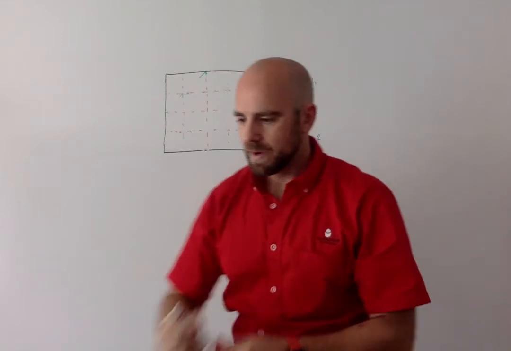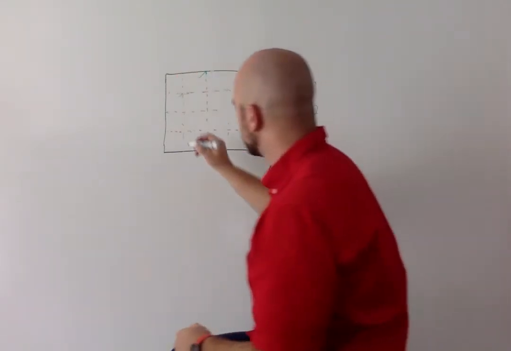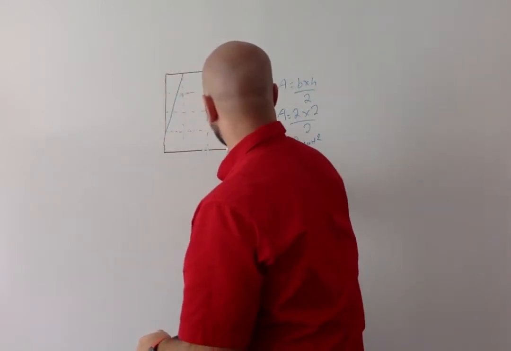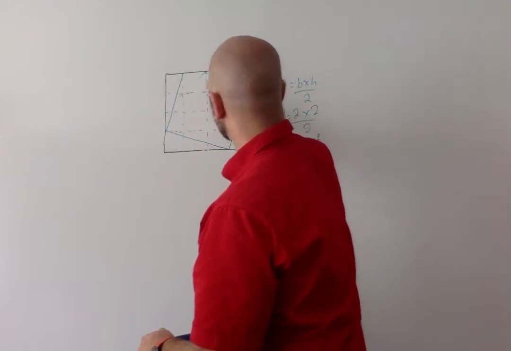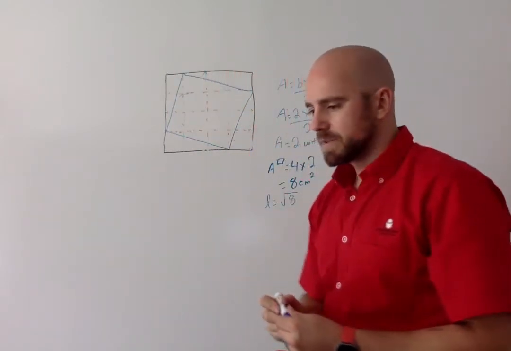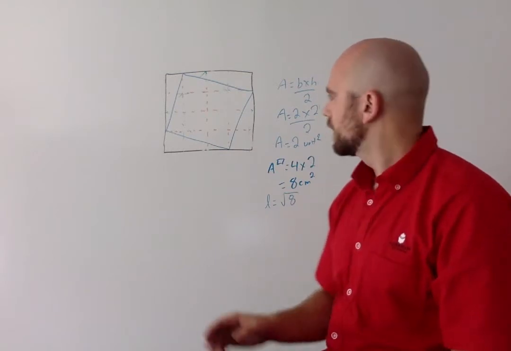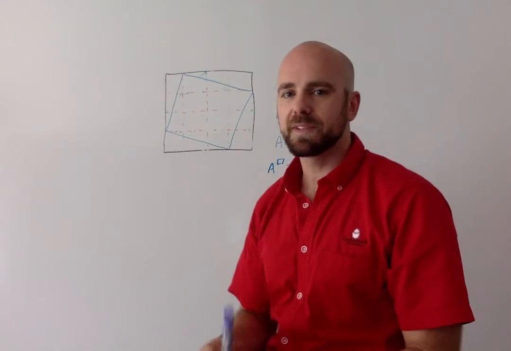Now, what if my square goes like this? So I still technically have my square. But now I've got something that looks a little bit different.